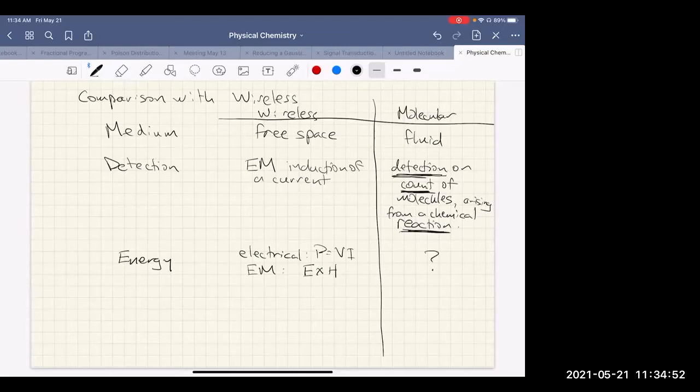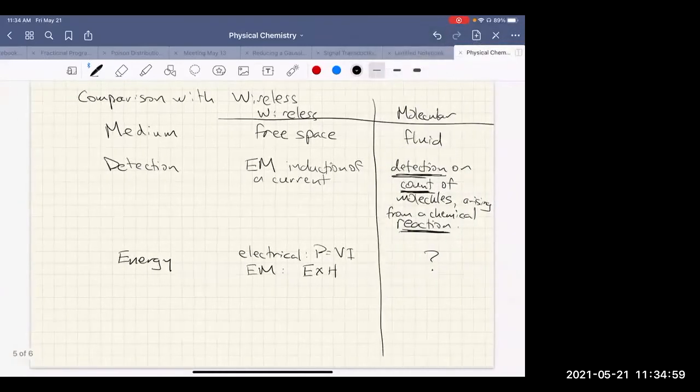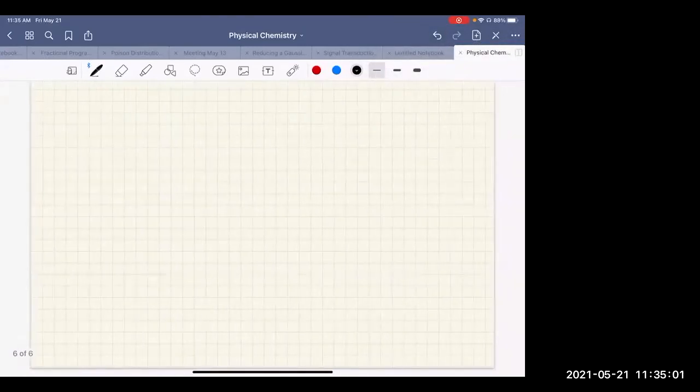How do we think about energy in terms of molecular communication? Where does it come from? Well, it really comes from two things. So, energy in molecular communication.